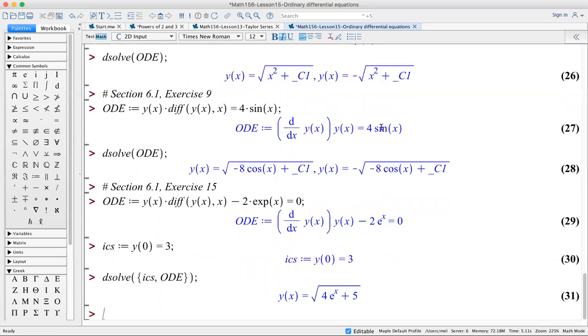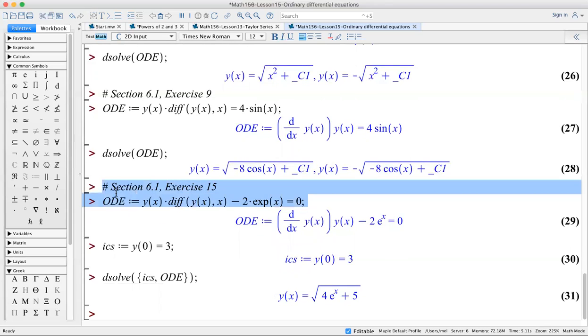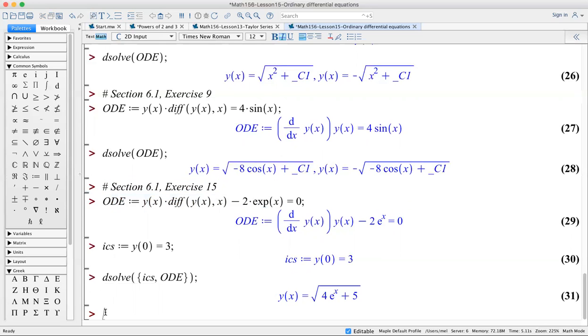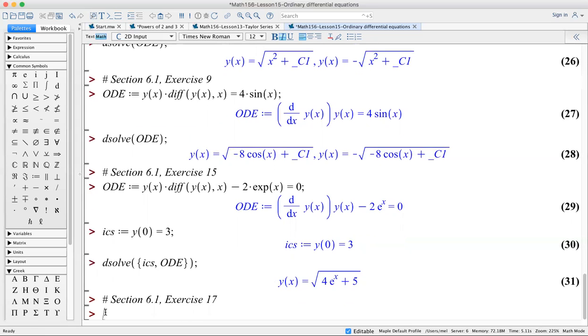Let's do one more. The homework went up to 1 to 17 odd. So let's look at number 17. y times x plus 1 plus y prime equals 0.